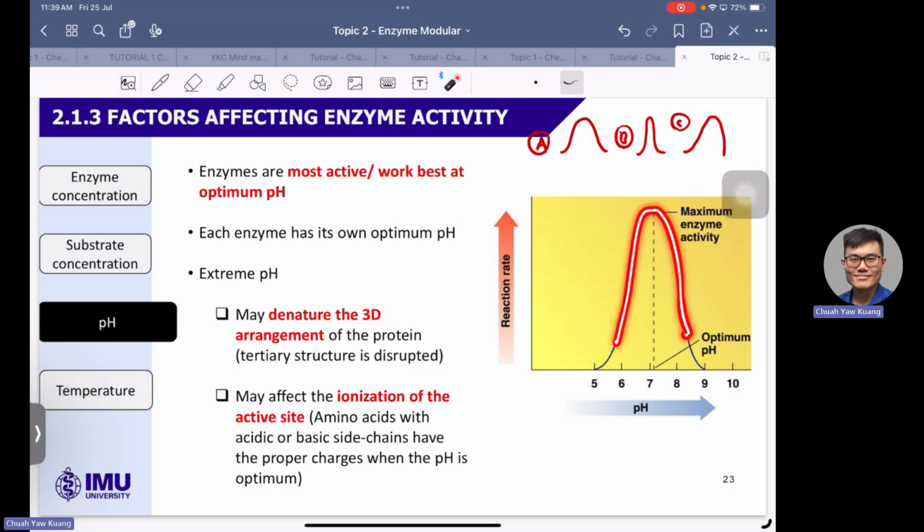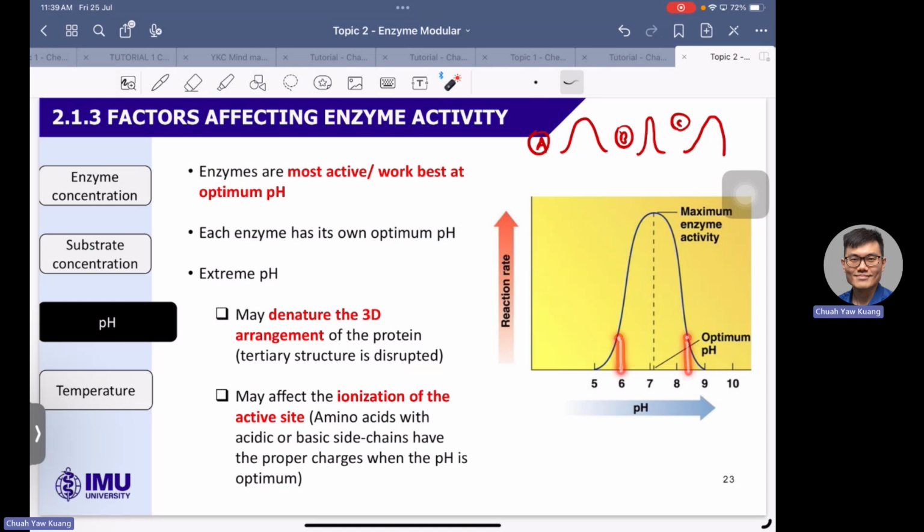Because the enzyme cannot actually have any reaction as long as the pH differs from the optimal pH by more than 1. For example, at pH 7, within pH 6 the rate of reaction becomes so low already.